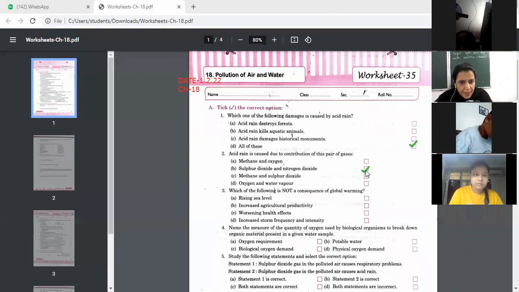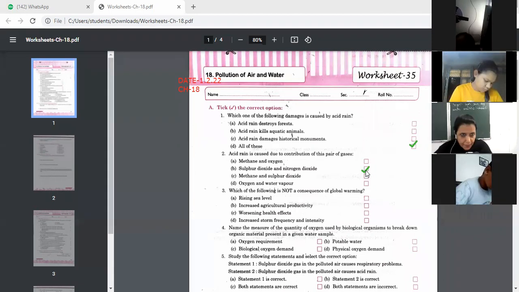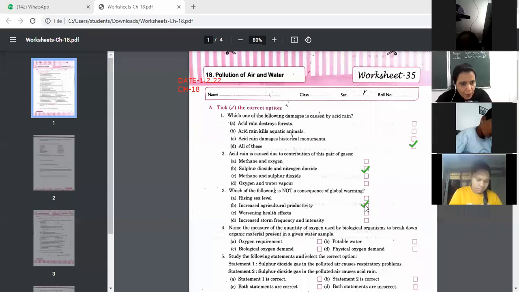So which one is not an effect? Can I have the answer? Yes, Tanya. So children, B option is correct. Increased agricultural productivity is not a consequence of global warming.